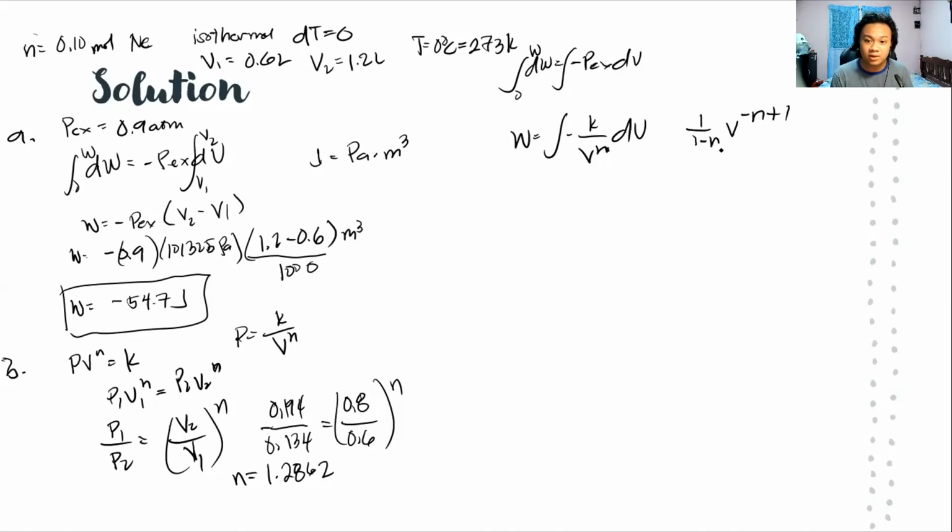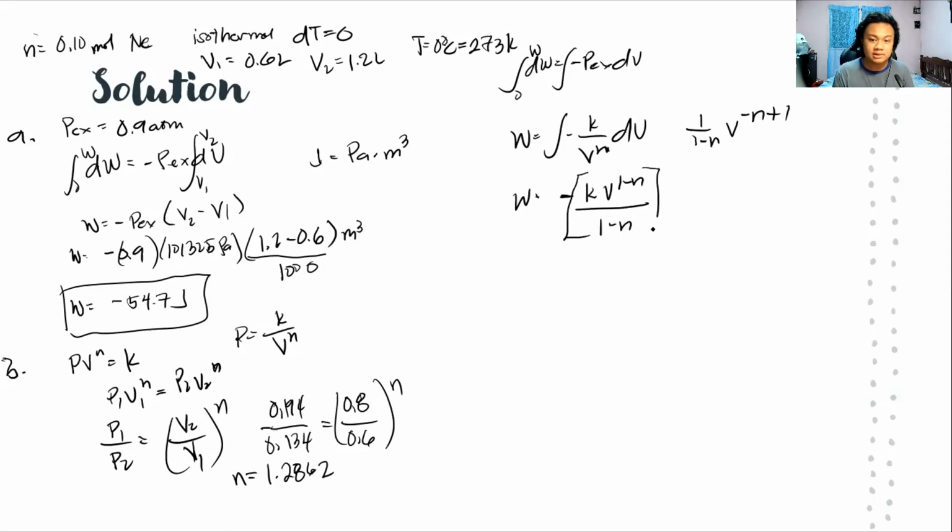So that's equal to 1 minus n. So just substitute that here, diba? So we have negative k, and then V^(1 minus n) over 1 minus n.